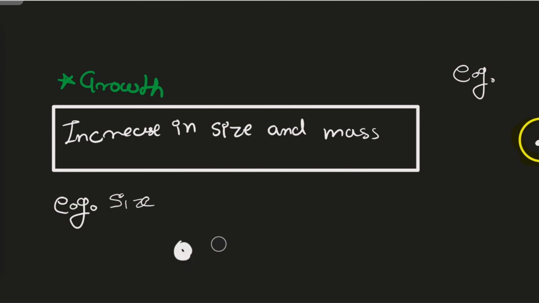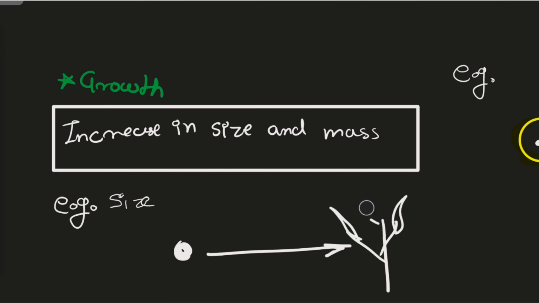A small seed grows into a big plant. The seed grows into plant. This is an increase in size.